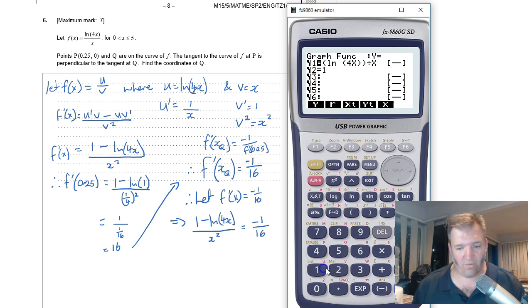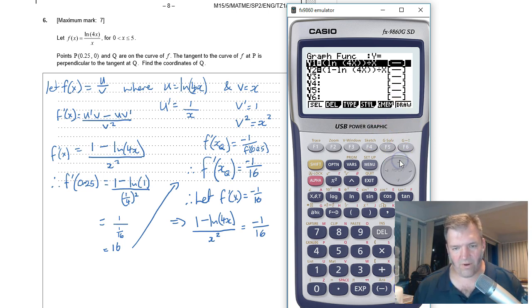So we want 1, I need my brackets first. Make sure I get that whole numerator together. 1 minus the natural log of 4x, divided by x squared. Now I could just do that and find where it equals -1/16. Let's do it that way.